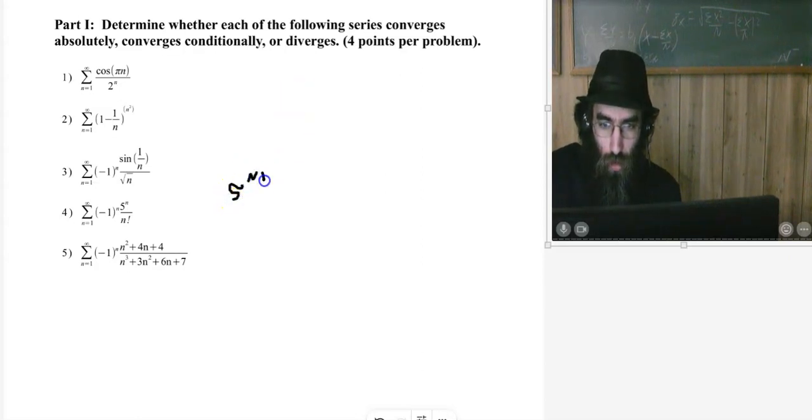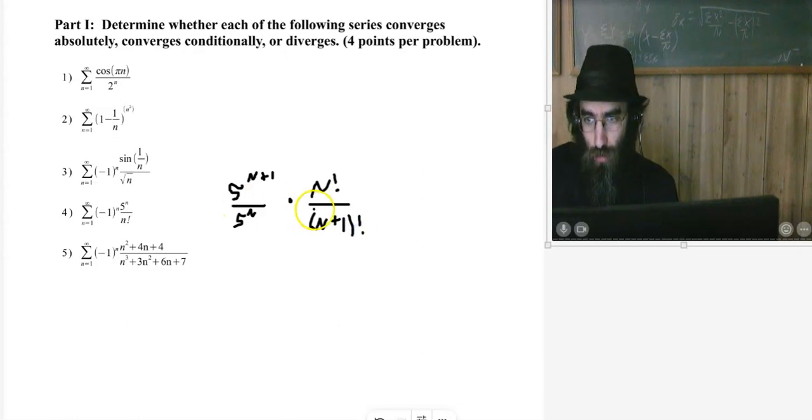5 to the n plus 1 over 5 to the n times n factorial over n plus 1 factorial. I guess, generally, if you're doing this kind of early, you'll be told, oh, do 5 to the n over n factorial and divide that by 5 to the n plus 1 over n plus 1 factorial. Realistically, by the time you're prepping for a final exam on this, you should know the pattern of pair up the similar looking terms.